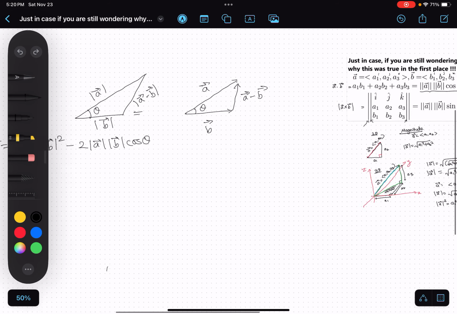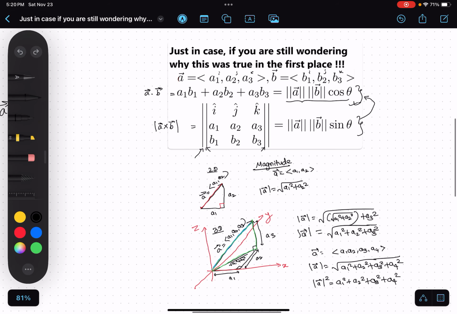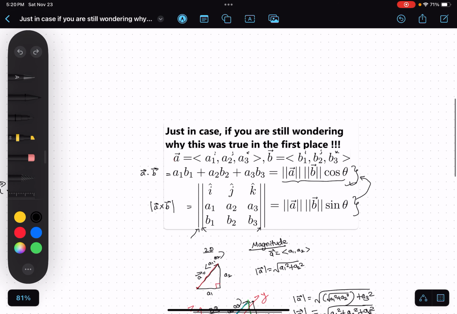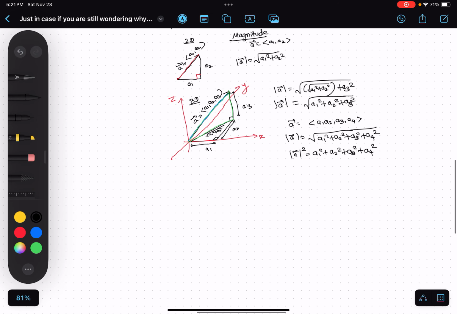Now for that, notice how dot product is defined. Dot product is defined as the product of the first with first, second with second, third with third, right? Now let's say I had a vector as a1, a2, a3, and the next is also a vector a1, a2, a3. If I dot a with a, I will just get a1 square plus a2 square plus a3 square, and this is just the magnitude squared, right?